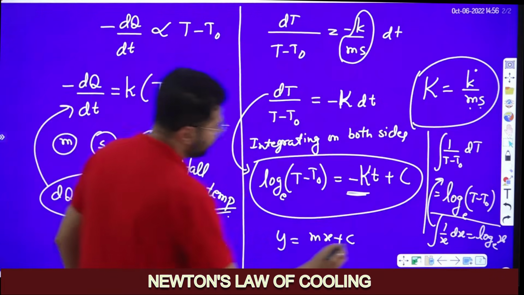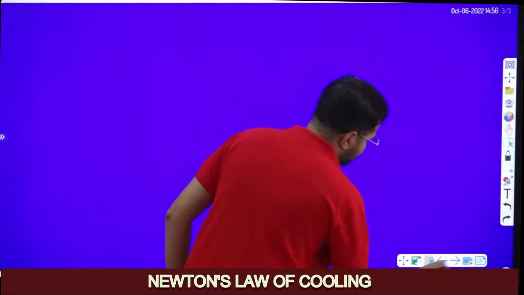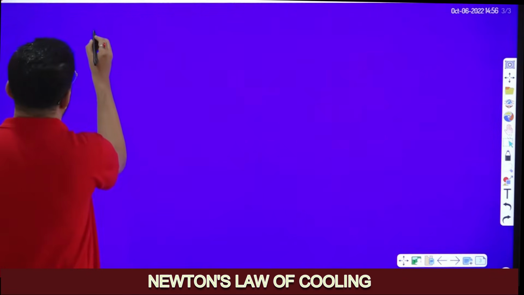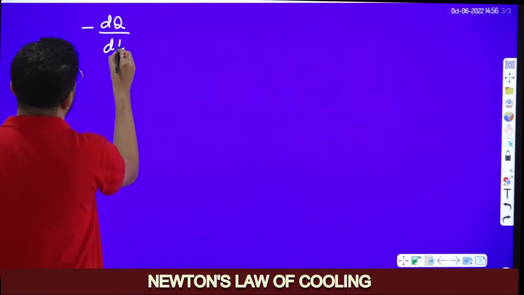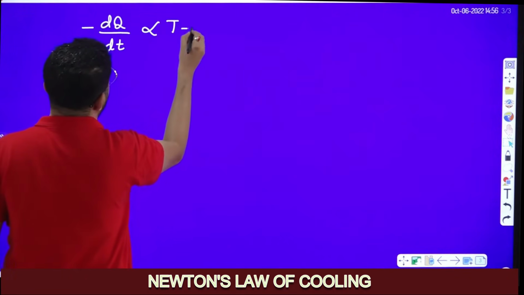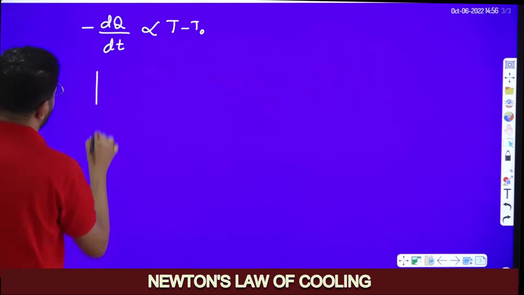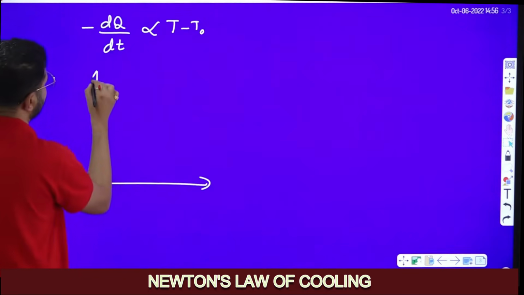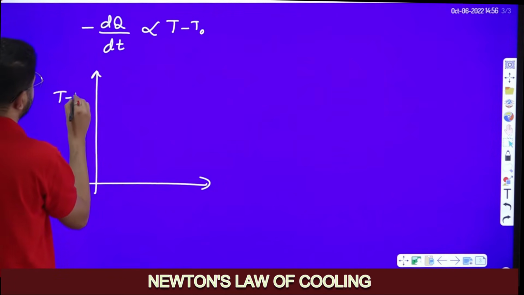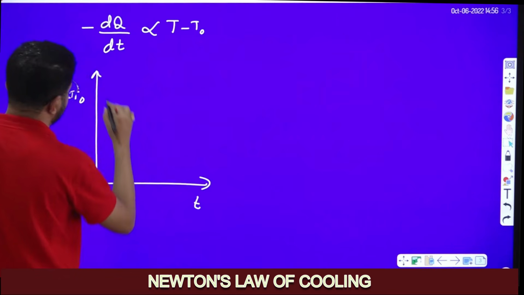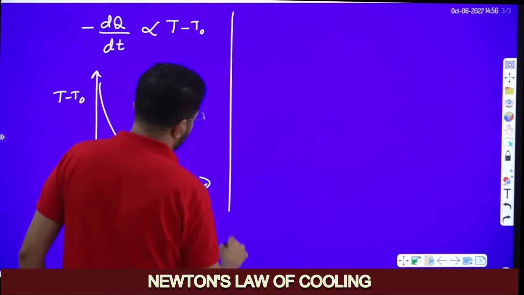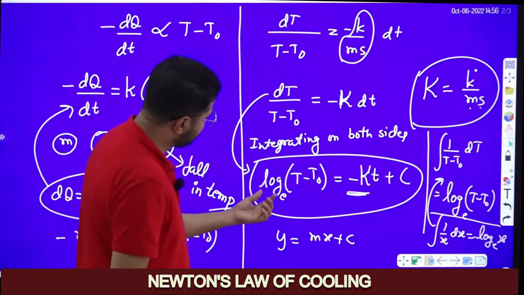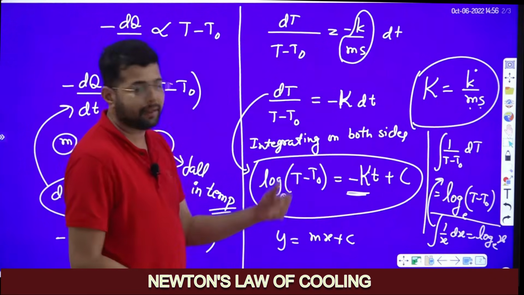Now I will make some conclusion according to Newton's law of cooling. dq by dt is directly proportional to T minus T naught. So, if you plot a graph of temperature difference versus time, since they are inversely proportional, the graph should be something like this.